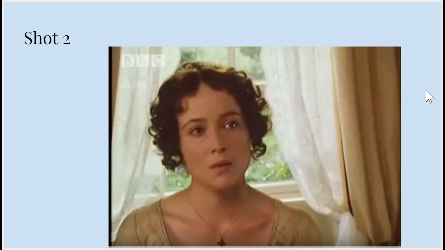They've used a medium close-up for this so that we're able to see her facial expressions and her reactions to him. We are also given a high angle shot, which shows her vulnerability and also her inferiority to Mr. Darcy.